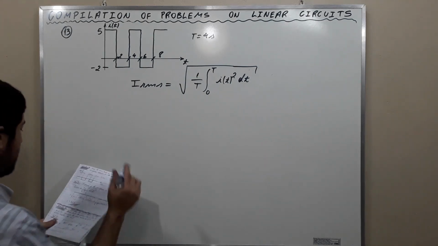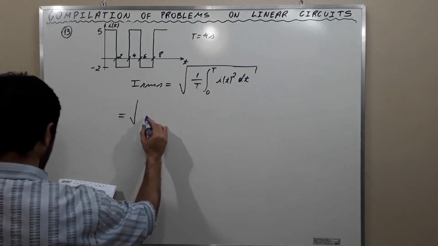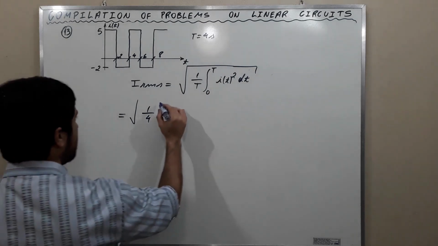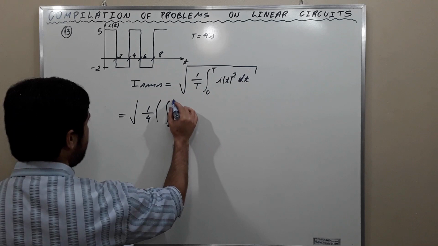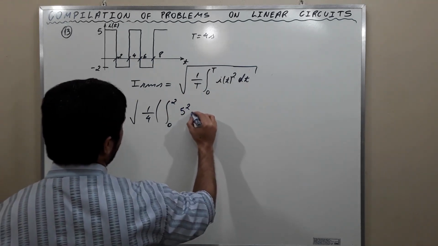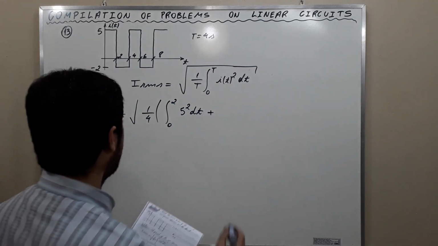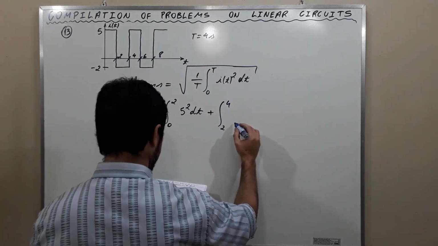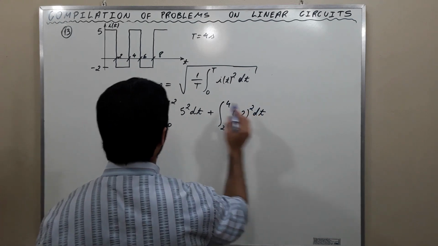Then it is going to be a fourth of the integral from 0 to 2 of 5 squared dt plus from 2 to 4 negative 2 squared dt.